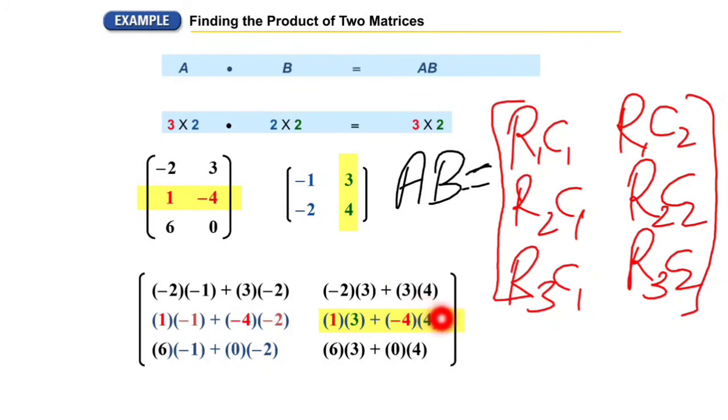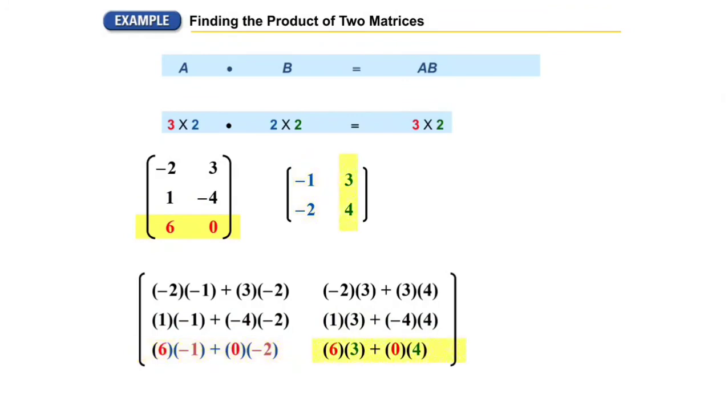Okay, next one is R3C1. R3C1 is 6 into -1 plus 0 into -2, and R3C2 is 6 into 3 plus 0 into 4, this is the last element.